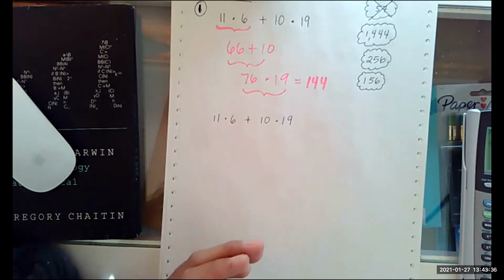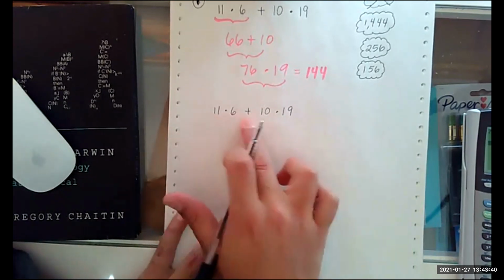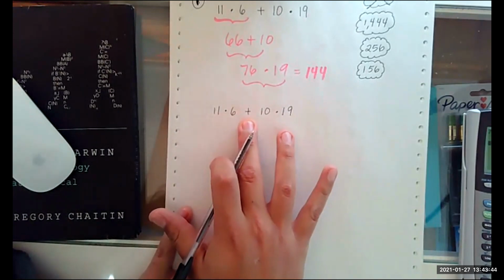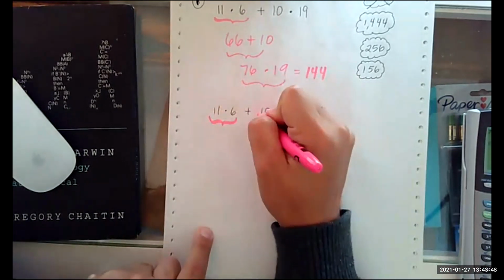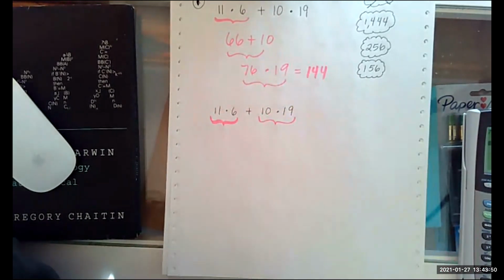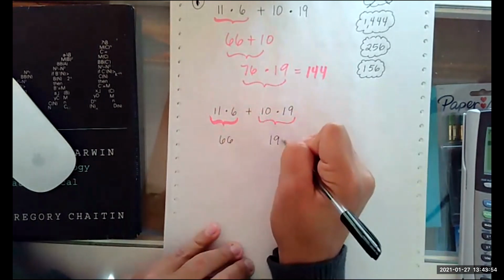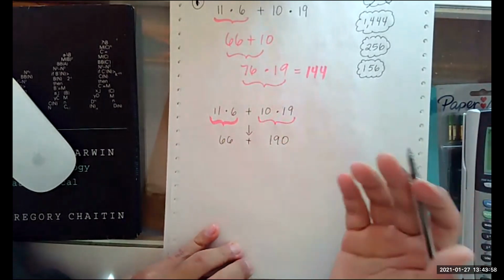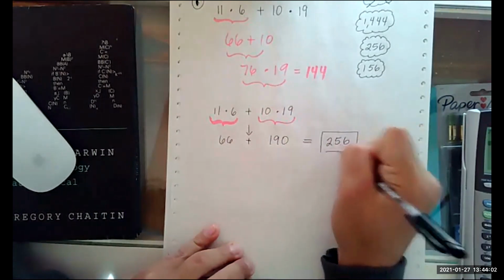For now, before I go into the exposition on that, we're going to take care of the multiplication before we take care of the addition. So I'll multiply this times this and this times this. This will be 66 and this will be 190. Then I'll bring down my addition, add that together, and we should be getting 256. This is actually the correct answer.